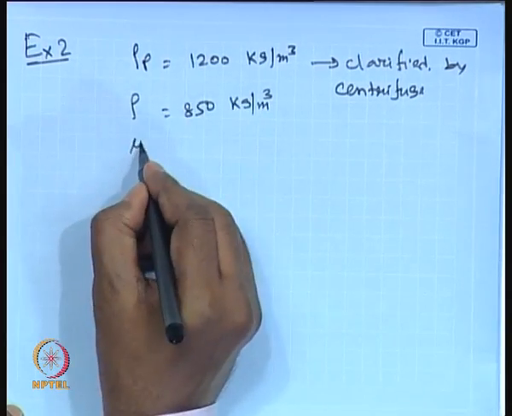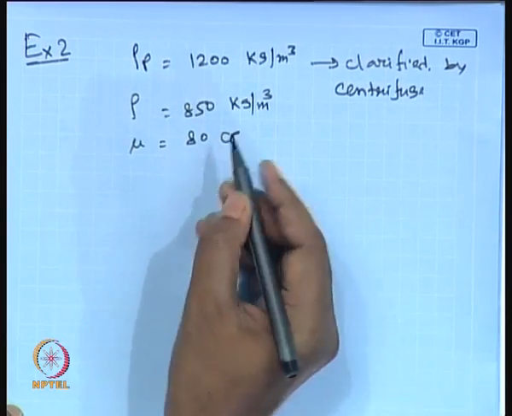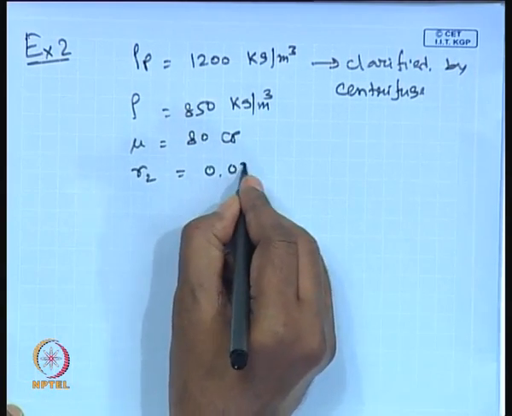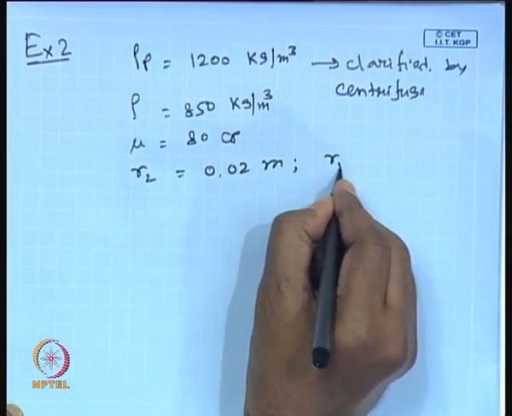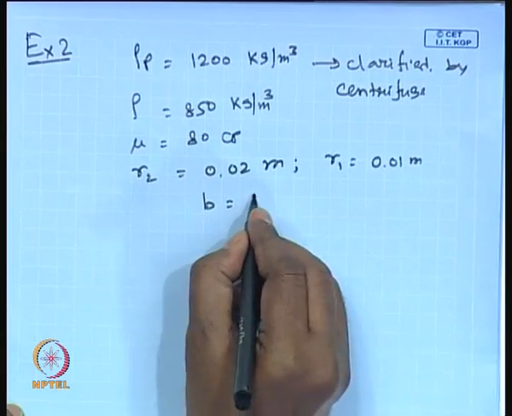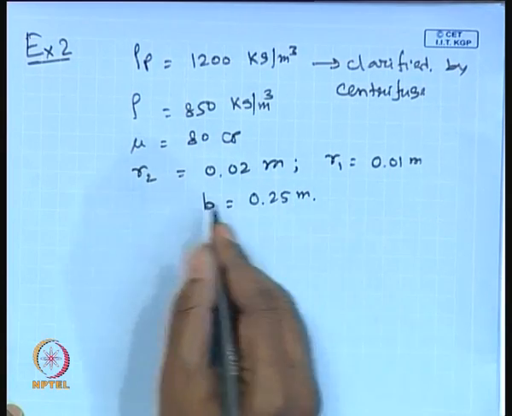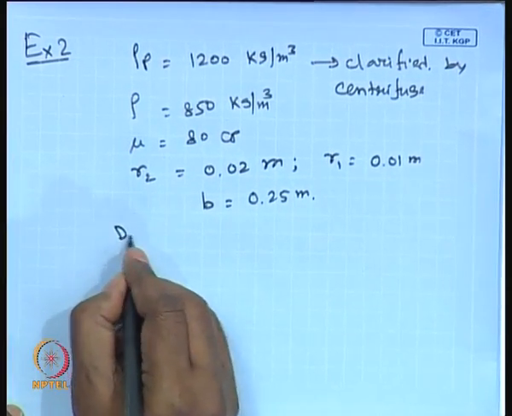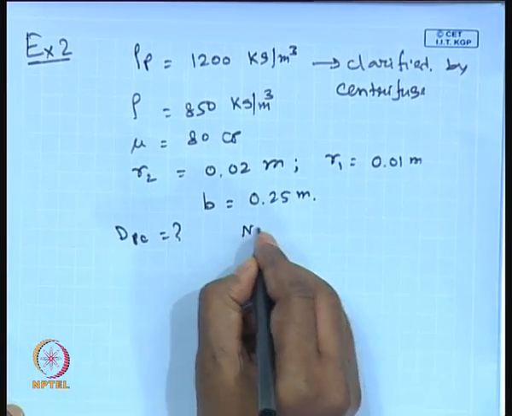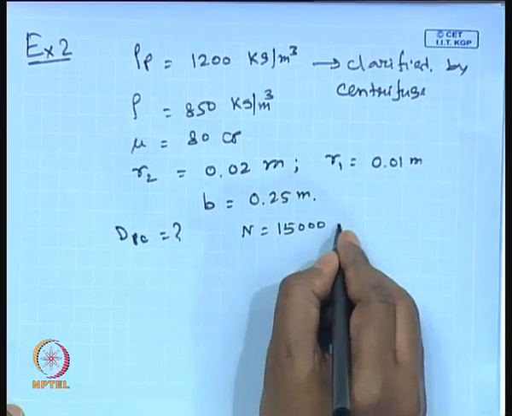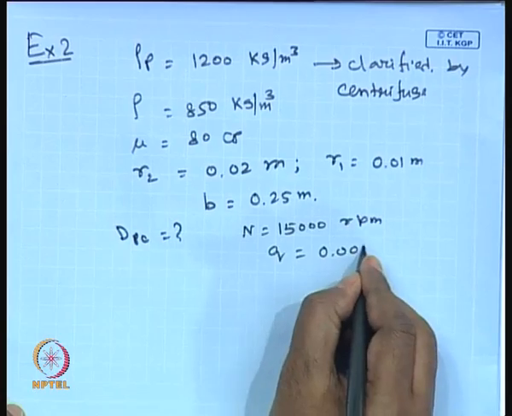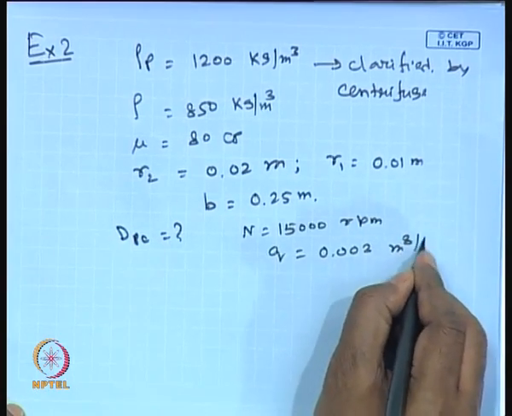The viscosity of the solution is 80 cP, and the centrifuge bowl has dimensions R2 is 0.02 meter and R1 is 0.01 meter. The height is given as 0.25 meter. You have to again find out the critical particle diameter, given n is equal to 15,000 rpm and flow rate q is equal to 0.002 meter cube per hour.